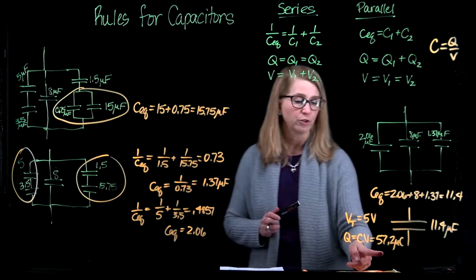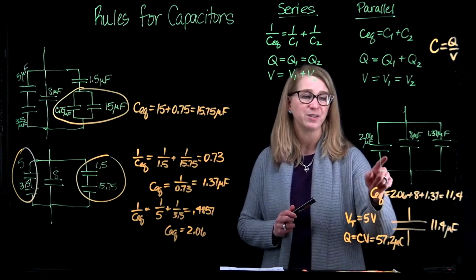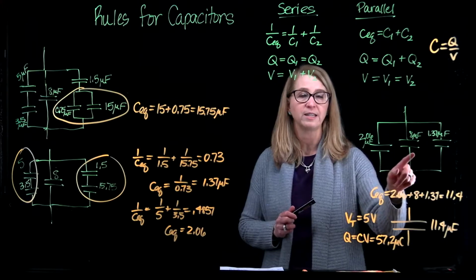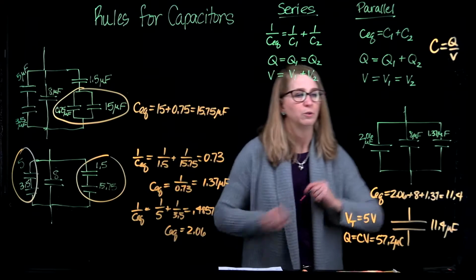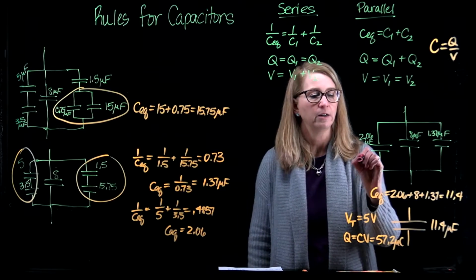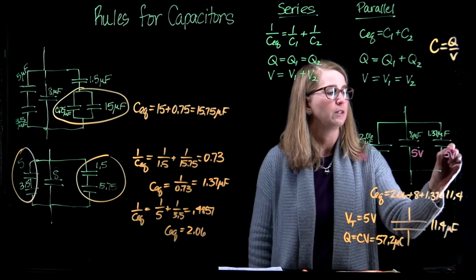And so the potential difference across this capacitor, which is 5 volts, is the same as the potential difference across each one of these capacitors. So I'm going to write in here that each one of these has a potential difference of 5 volts.